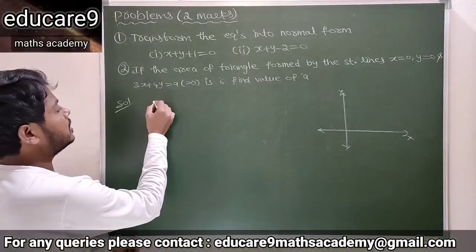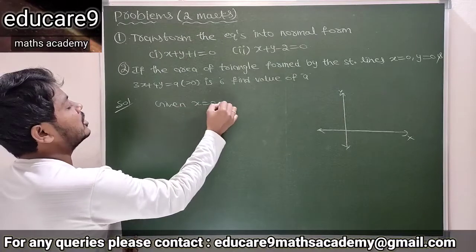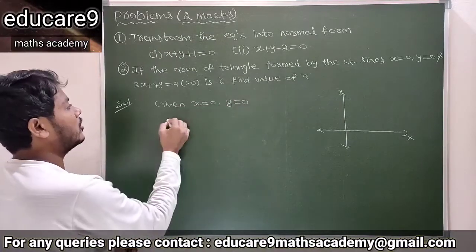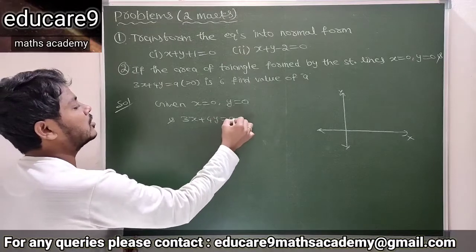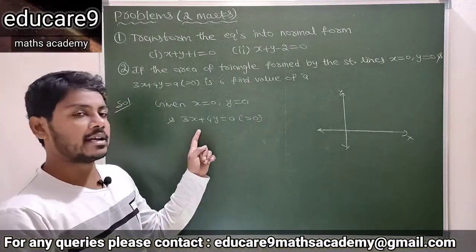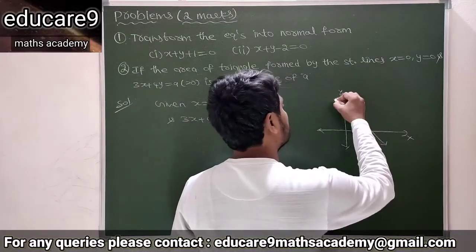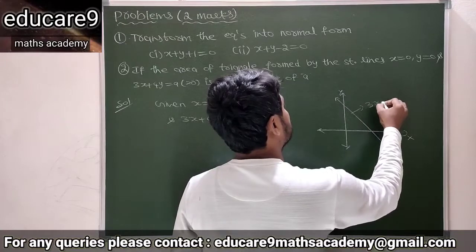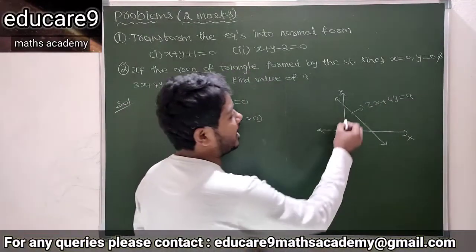Given x equal to 0, y equal to 0 and 3x plus 4y is equal to a, here a is positive. Now clearly this line lies in the first quadrant. So this is 3x plus 4y is equal to a. Now you have to find this area.